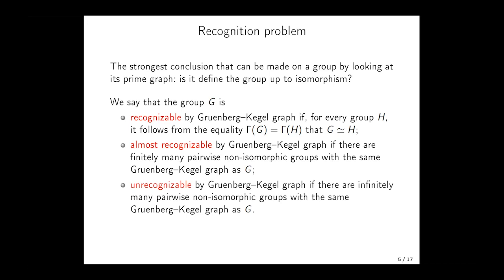Nevertheless, we say that the group G is recognizable by Gruenberg Kegel graph if for every group H, it follows from the equality of the graphs that these groups are isomorphic.